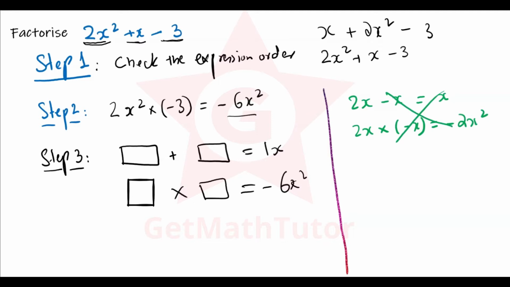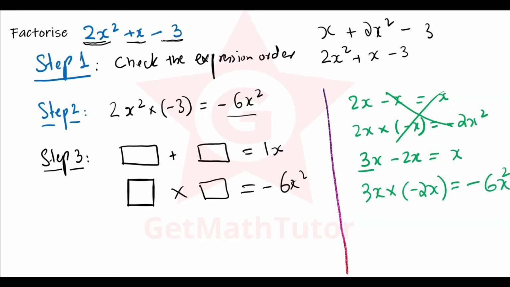Okay, let's look at 3x and minus 2x. Okay, so if you take 2x out of 3x, your answer is x. And then if you multiply 3x times minus 2x, your answer is minus 6x squared. Okay, bingo. So that's what we want.